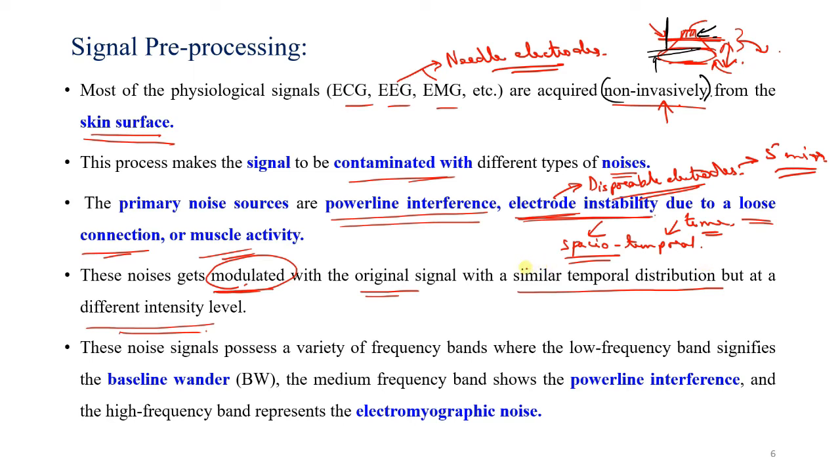So the noises and the signals that you are getting, in the time domain you will not be able to separate these two components. So that's why it is said that they have a similar temporal distribution but at a different intensity level.